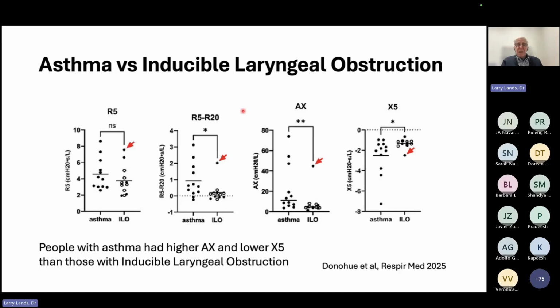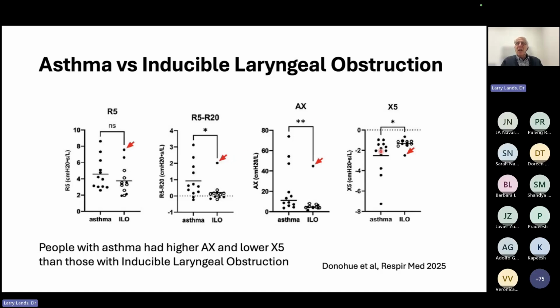There was one small paper that compared patients who had laryngeal obstruction. We're always faced with that problem. A patient comes in with dyspnea, possibly patients have heard wheezing. Is it really upper airway, around the vocal cords, or are we talking about lower airways disease? And oscillometry can actually help you. Not really in the R5, and a little bit in the R5 to R20, but the arrow points to this unfortunate outlier, so let's ignore that point.